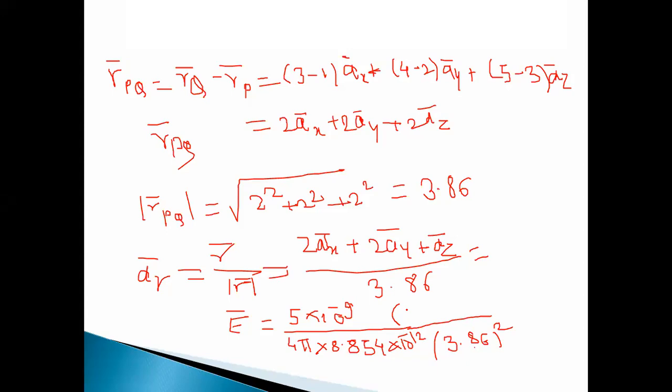What is unit vector a bar r? Unit vector a bar r is 0.578 a bar x plus 0.578 a bar y plus 0.578 a bar z.